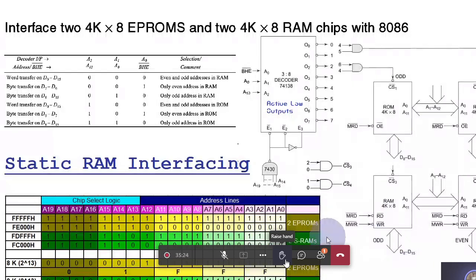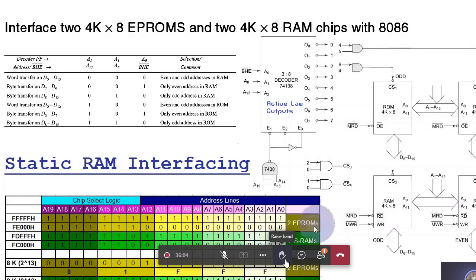If you look at the EPROMs' address range and only at the remaining address lines, from A13 to A19, you will see that every address bit is 1, whether you talk about one set of ROM or the other set of ROM. However, for the two static RAMs, the A13 bit is 0 for both cases, and everything else is 1.